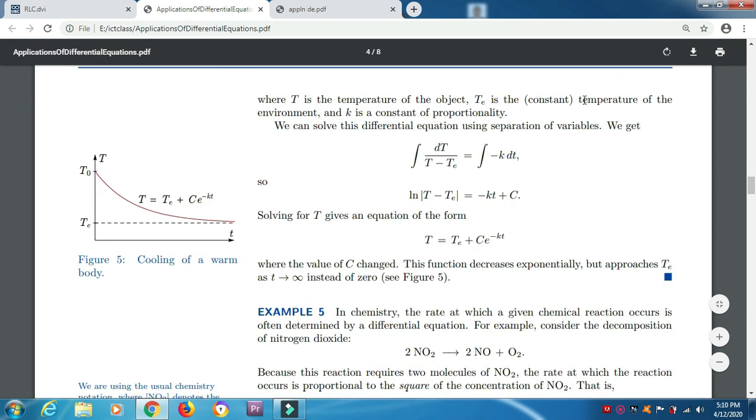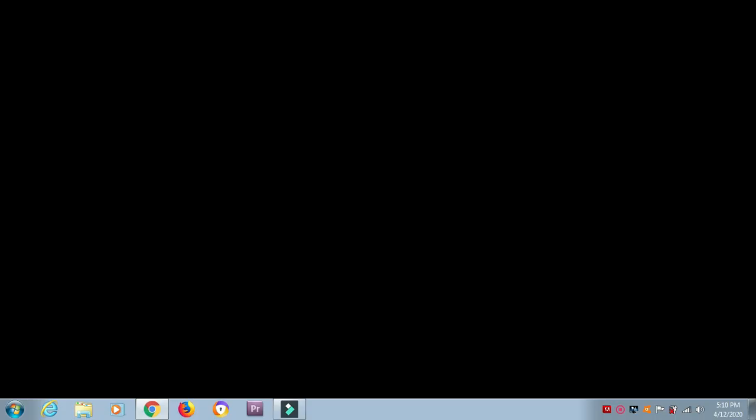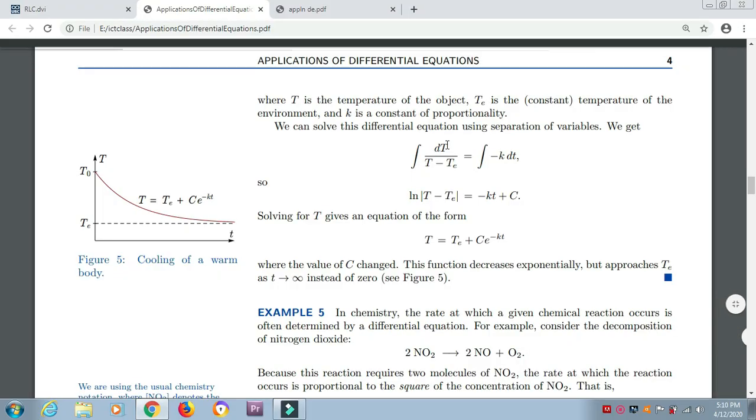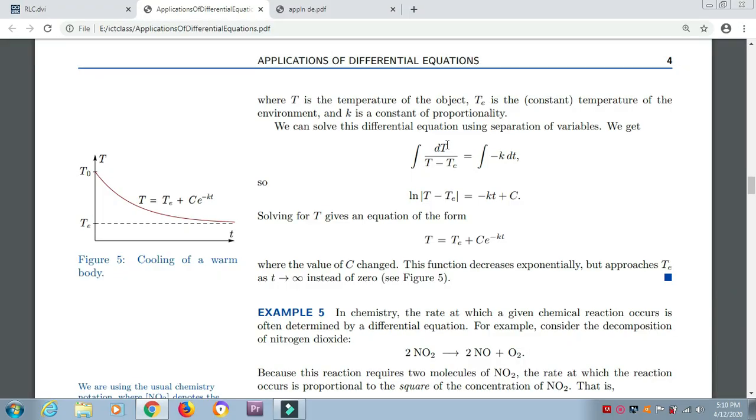We can solve this differential equation using separation of variables. We have to integrate the above equation, but directly we cannot integrate. First we have to separate the variables, then we integrate.